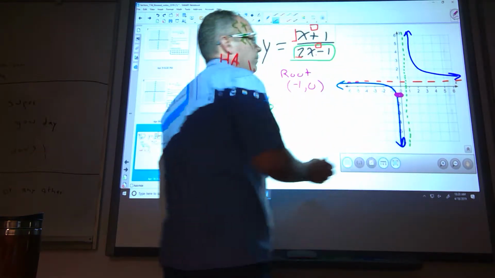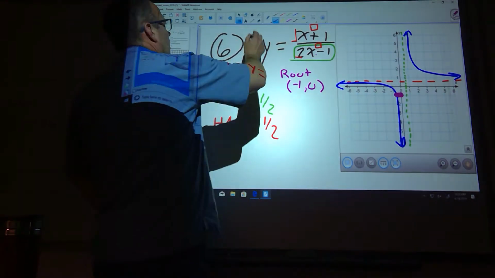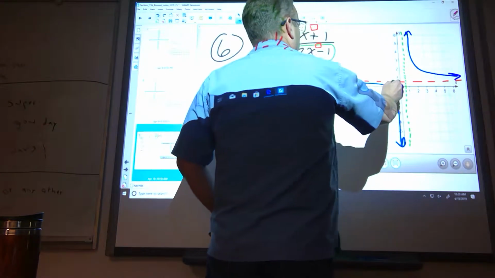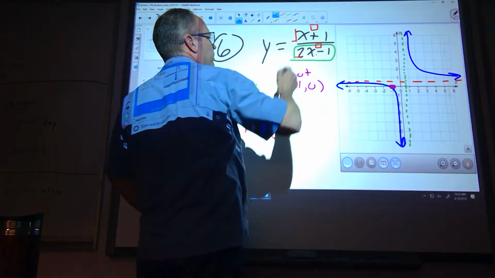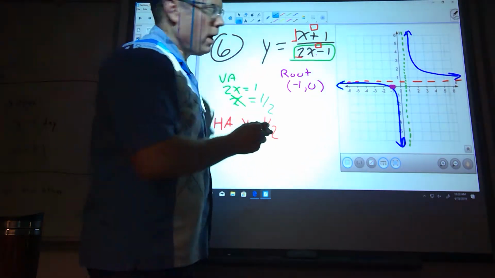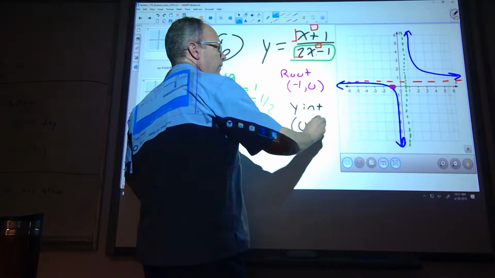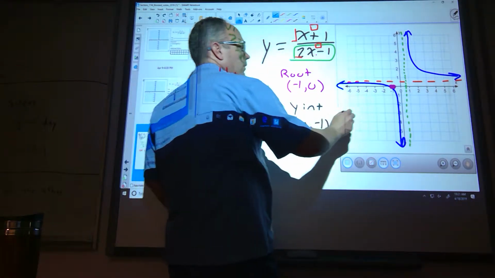Is that okay? And then, I don't know why I made that there. I'm so sorry. -1 here. -1 comma 0. And then if I want to find my y-intercept, I'm going to plug 0 in for x. So I get 1 over, so I get -1.